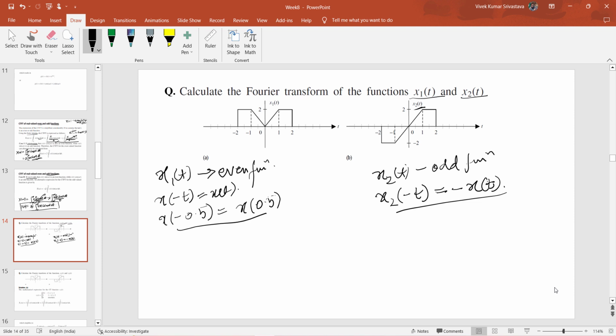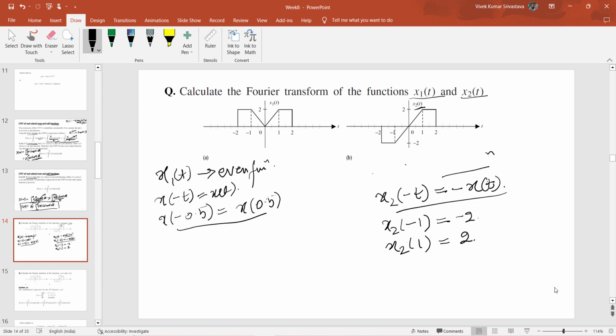Suppose you evaluate x2 of minus 1, this is equal to minus 2, whereas x2 of 1 gives the value 2. So from here also we can say that x2 of t is an odd function.